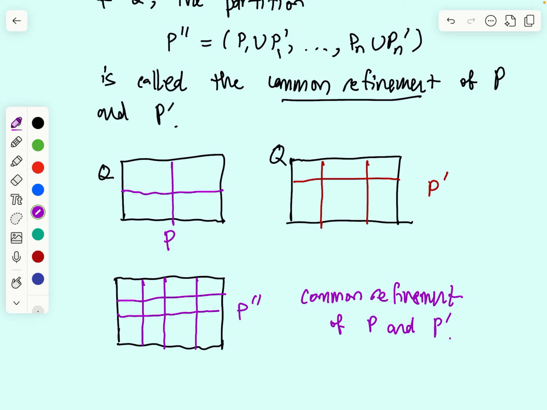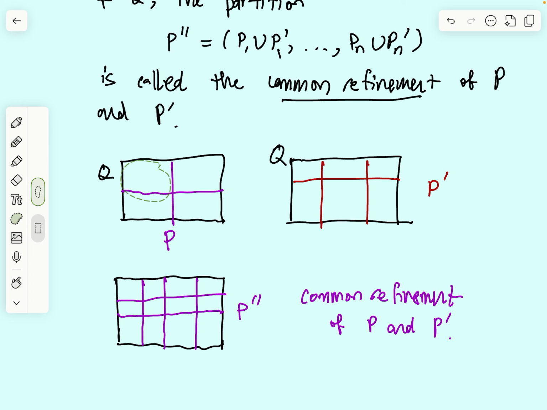And so naturally, what will happen is that the lower sums will decrease, because now, if you look at the lower sum of P and the lower sum associated with P double prime, for P you're taking the smallest value in these big rectangles. Oh wait, sorry. It wouldn't make the lower sum smaller, it would make the lower sum bigger, wouldn't it?